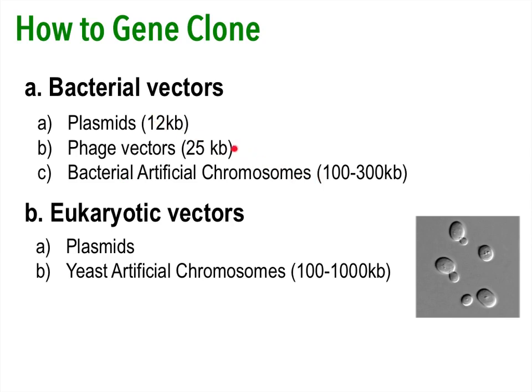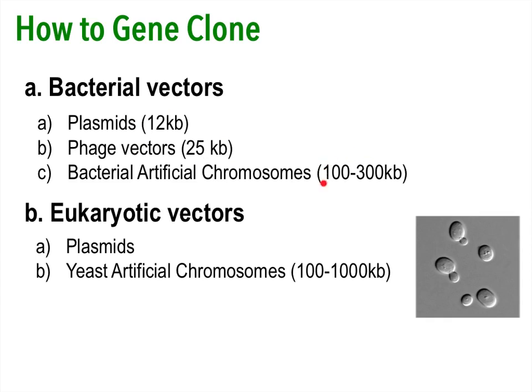How these different vectors differ from each other is mainly how large of a piece of DNA you can shove into it. Remember, these are going to be carrying your DNA of interest. In parentheses, what I've written down is pretty much the upper limit of size of a piece of DNA that you can put into each of these different vectors.